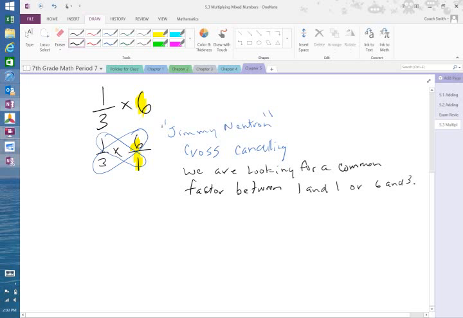Okay, so we're looking for a common factor between the numbers 1 and 1, one top to one bottom, and 6 and 3, the other top to the other bottom.